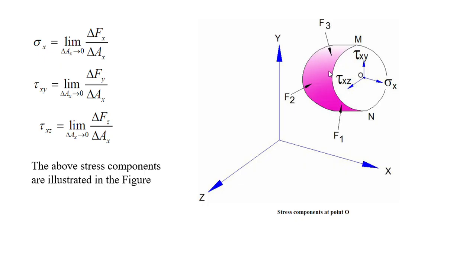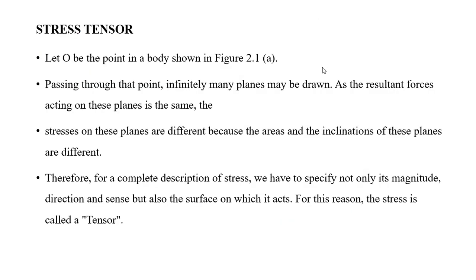If you cut inclined, the cross-sectional area will be an elliptical shape. If the area of the cross-section changes, the stress also changes, whereas the resultant force will be the same in all cases. Because of that reason, stress varies.